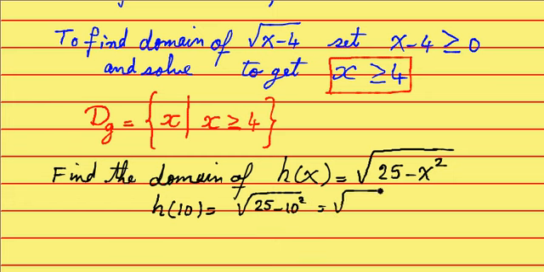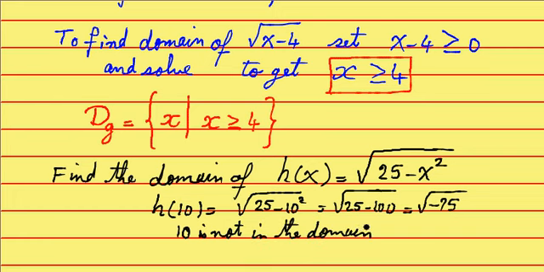That is 25 minus 100. That is square root of minus 75. Of course, it's not a real number. So 10, that tells us 10 is not in the domain. It's not legitimate to use 10.